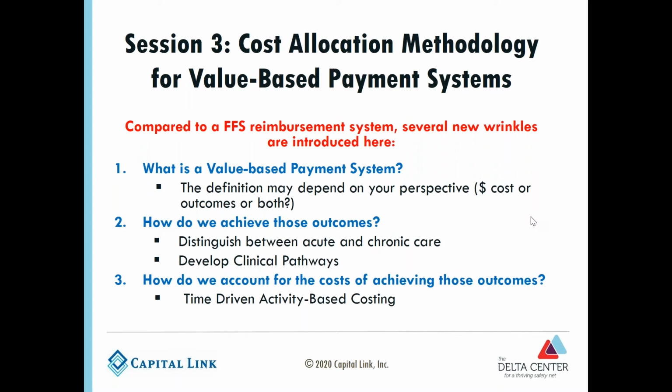Then how do we account for the cost of achieving those outcomes? There are many different ways: time-driven activity-based costing, estimated costing, but how would we take those clinical pathways and develop the cost to go along with them? And next, please.